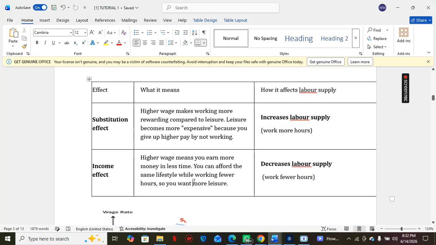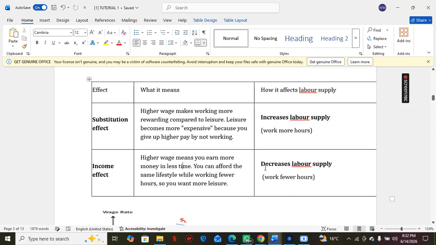Then the income effect, the higher wage, now you don't need to work more hours. You can now start resting because you're making more money. So according to the income effect, you are going to work fewer hours because you're now rich.